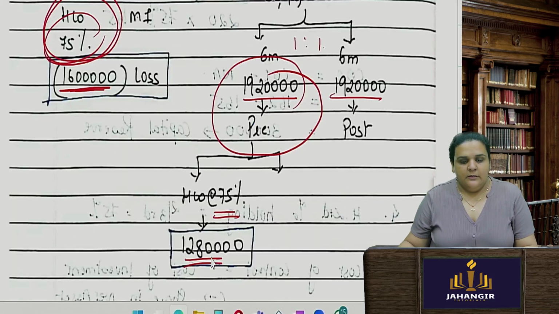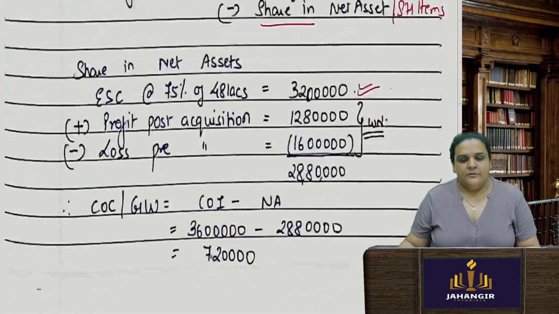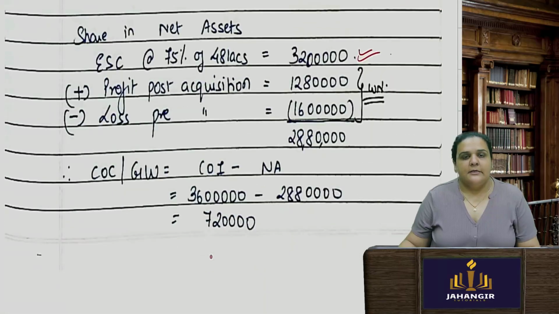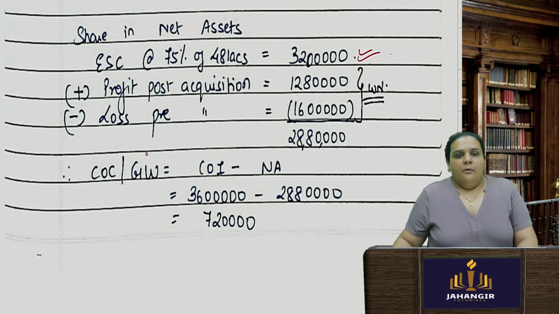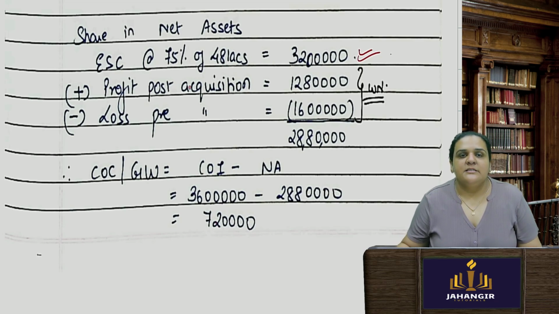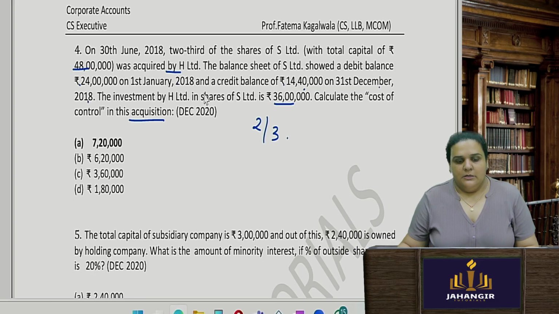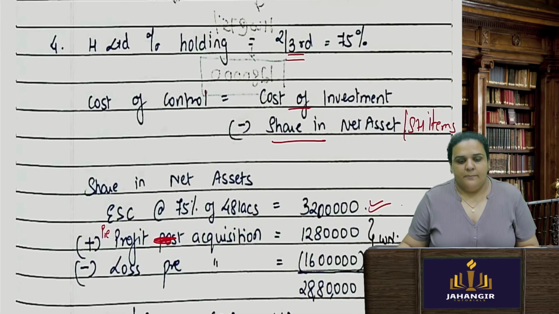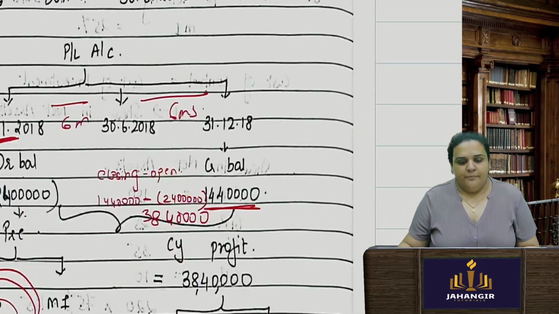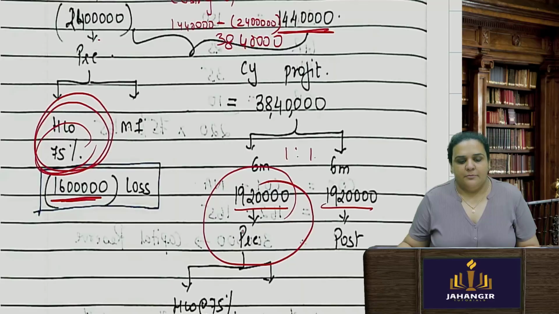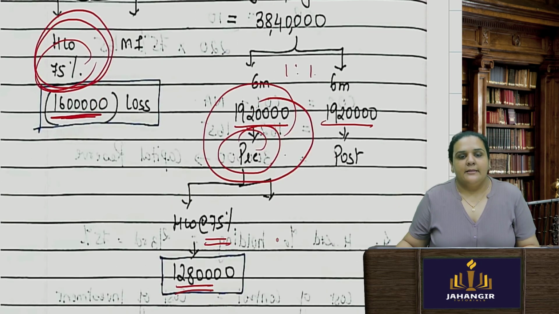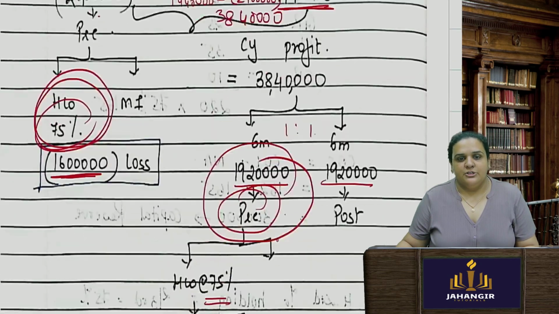So here we are going to solve it and write it as profit post acquisition. It is a pre-profit only. We cannot take anything which is post. It is pre-acquisition profit only, because this is also pre-acquisition profit. 12,80,000, 75% of the share.